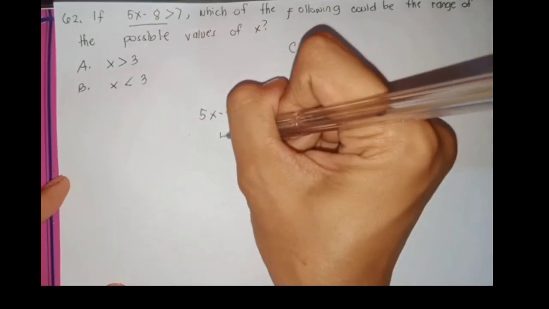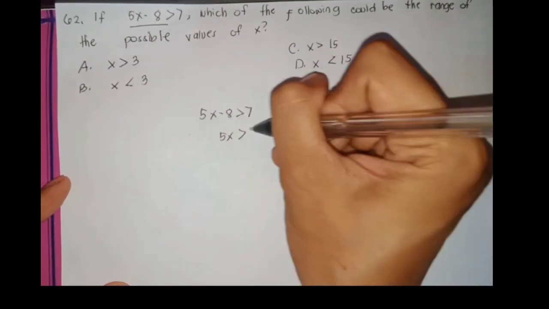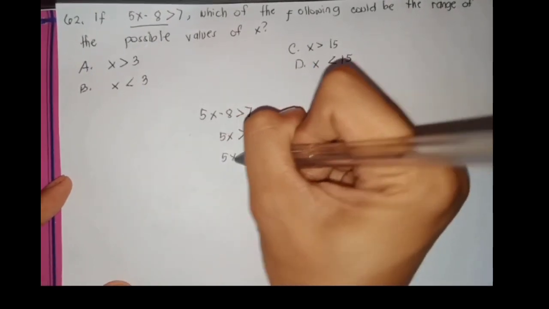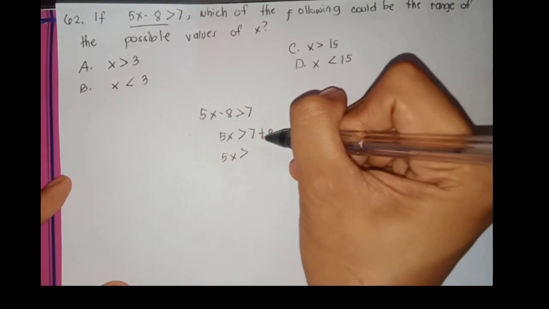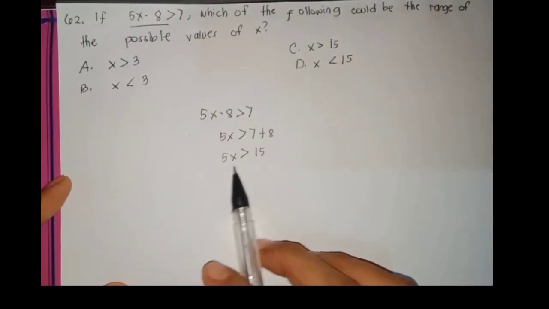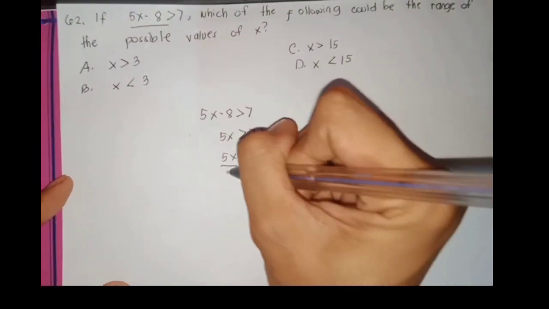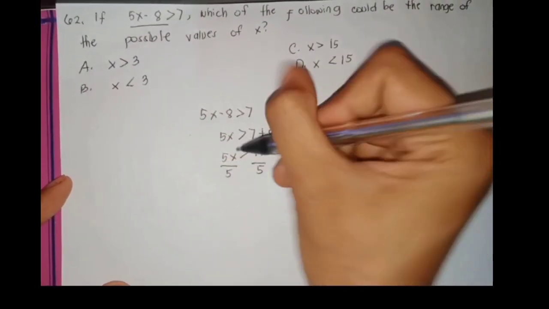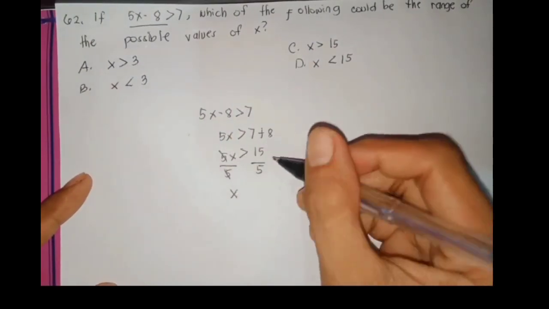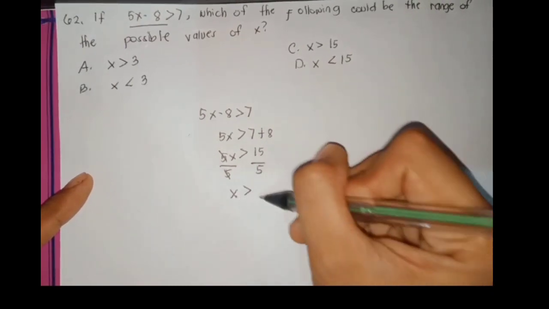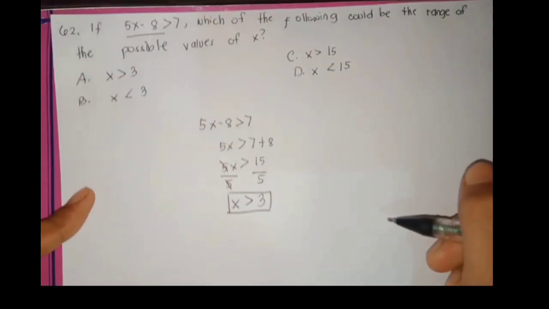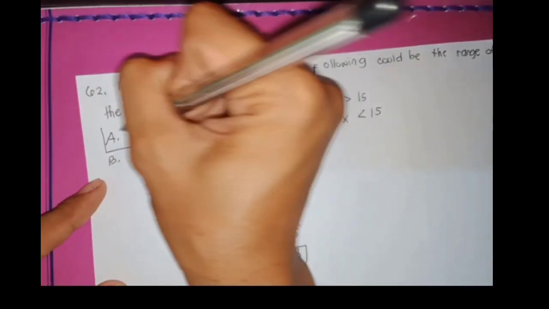We have now 5x, transpose negative 8, it will become 7 plus 8. 5x is greater than 7 plus 8, which is 15. To solve for the value of x, we will simply divide both sides by 5. Cancel. So our range for the possible values of x is x is greater than 3. So our answer is letter A.